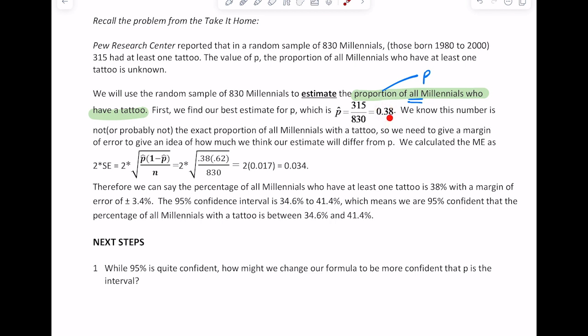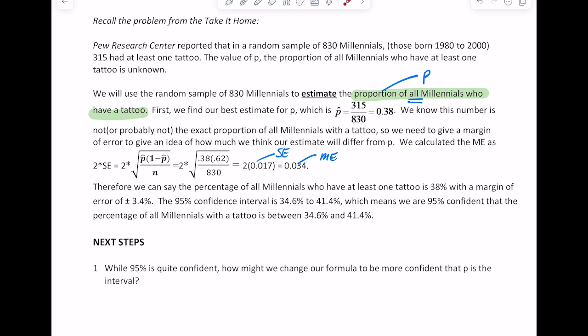That's our p hat, our sample proportion. We're going to take 0.38, multiply it by 1 minus 0.38, and divide that by the sample size. And then we're going to take this, which is our standard error, and multiply it by 2, and that gives us our margin of error. So this number in here is what you should get when you take the square root of all that stuff inside, and then the answer 0.034 is our margin of error.